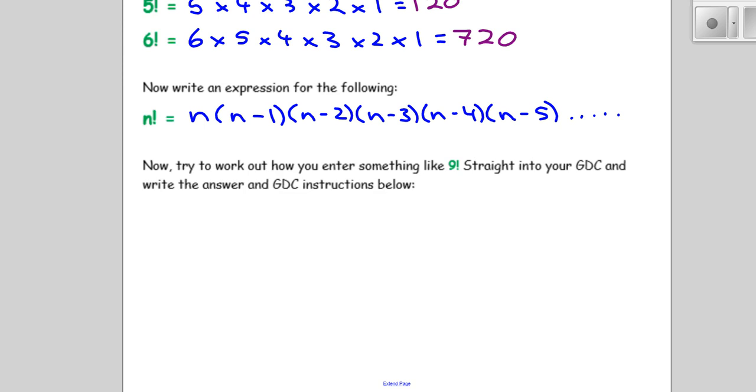Now try to work out how you enter something like 9 factorial straight into your graphing calculator, and write the answer to 9 factorial and the instructions. Basically I want you to find the factorial button. So have a little experiment on your calculator.